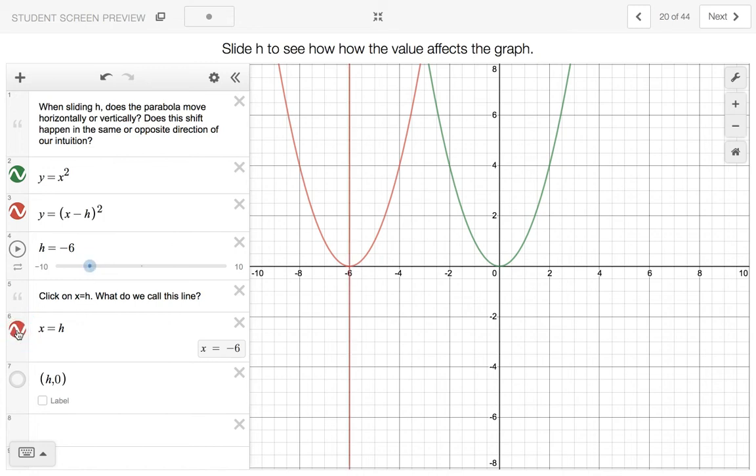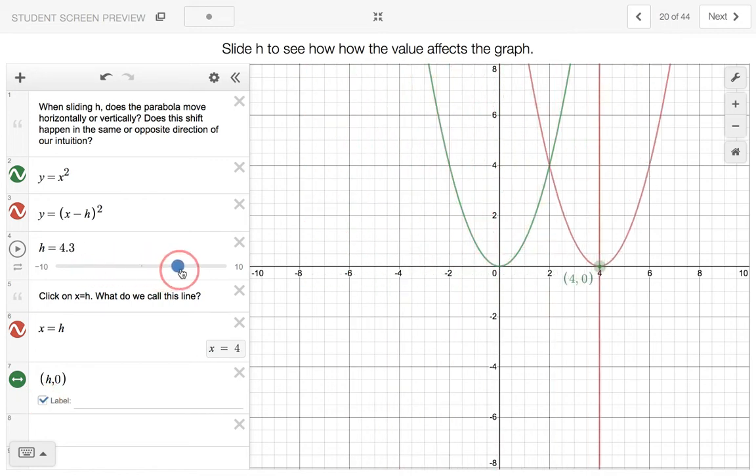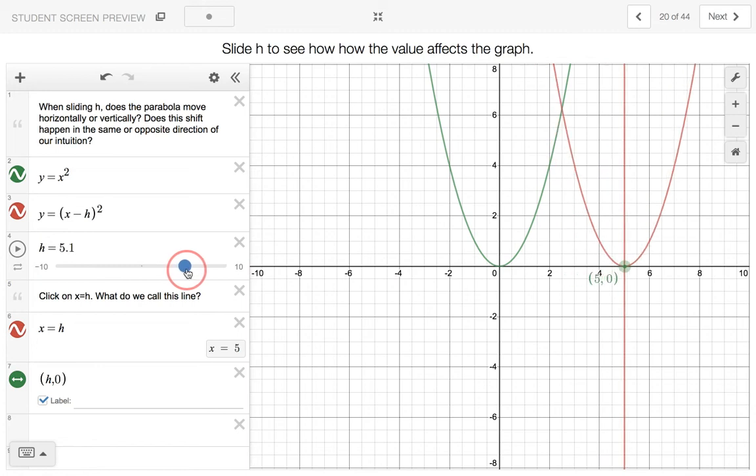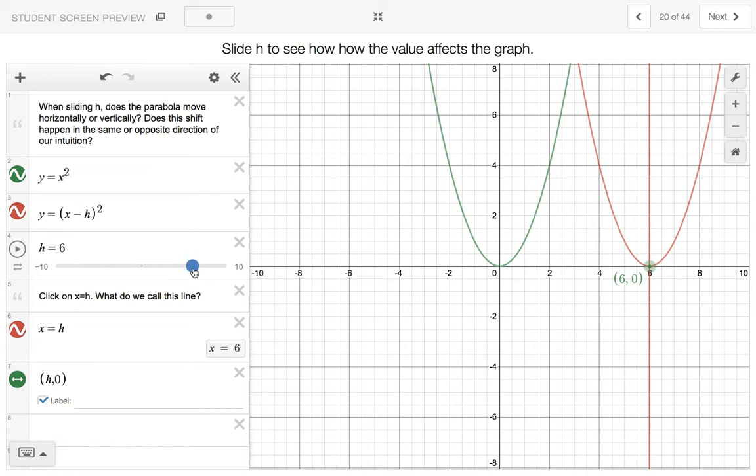I can label my axis of symmetry and my vertex and see that as I move it from left to right, the value of h will be exactly the same as the x value of the vertex. But remember, it's minus h. H is being subtracted.